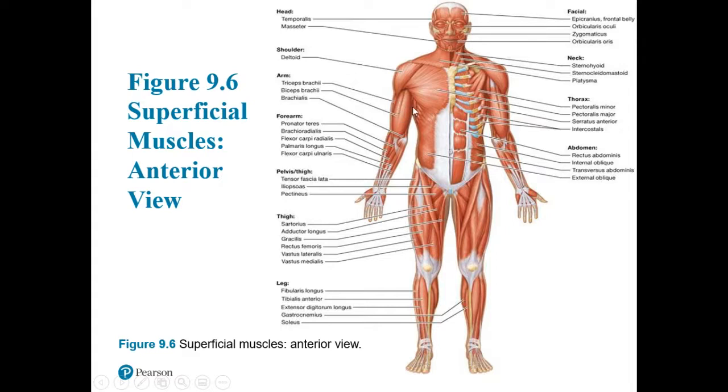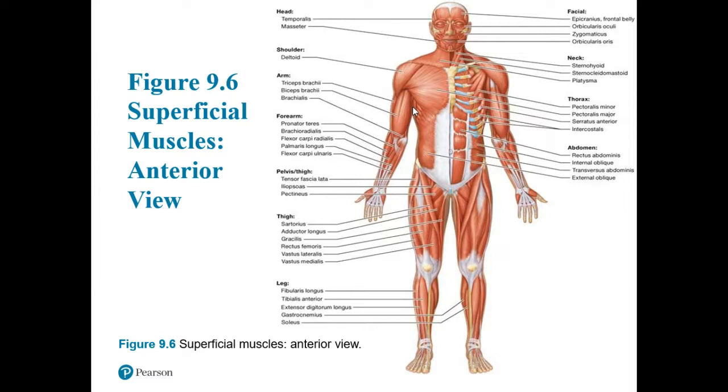It's got 3 heads, and you can feel the 3 heads as you pronate your forearms. If you pronate forcefully and then touch your triceps, you should be able to feel at least 2 of the heads, depending on how strong you are. If you work out and work on your triceps, then you feel the 3 heads.